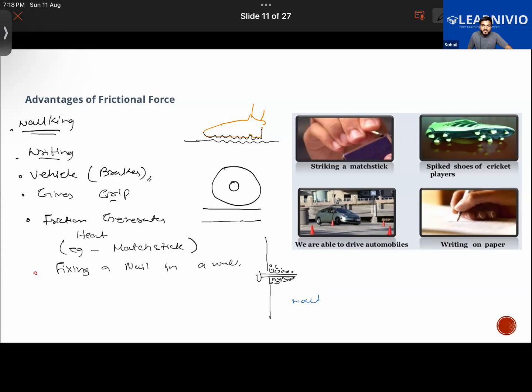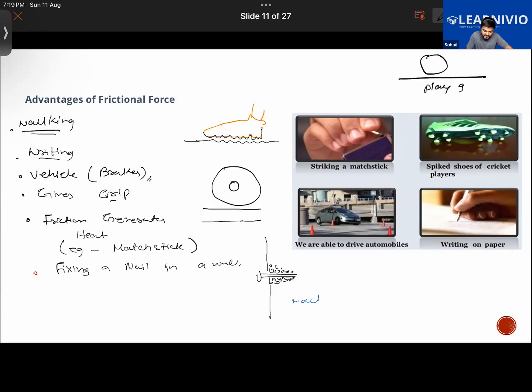Okay, now furthermore, you guys tell me, if there were no friction between the objects, would an object ever come to a state of rest? Let me repeat. Will an object come to rest if there is no friction? Suppose you have hit a ball in a playground, and no friction exists between the ball and the playground.